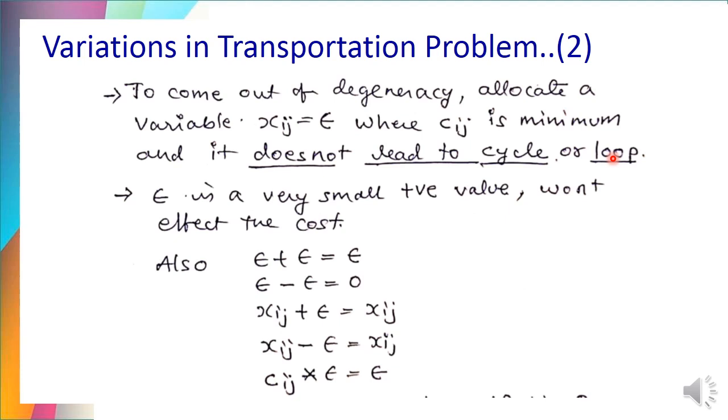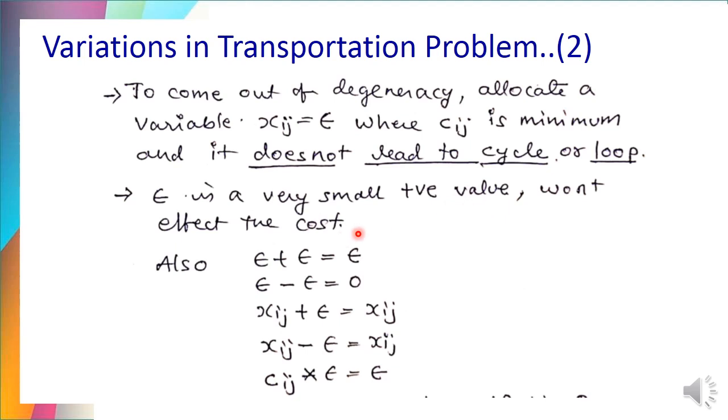That is very important. It should not lead to any cycle or loop within the allocated cells. Once that epsilon is allocated, epsilon means it is a very small positive value. It won't affect the cost.